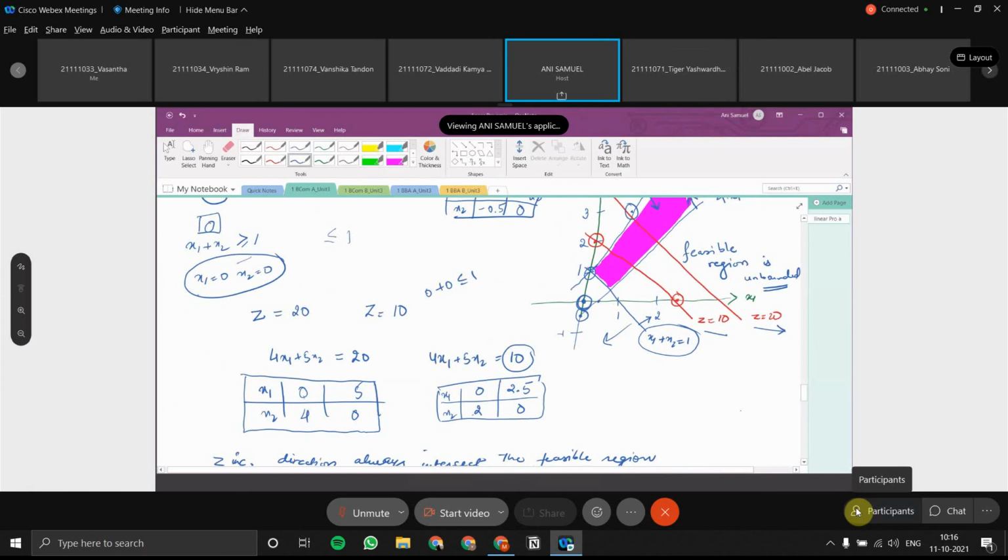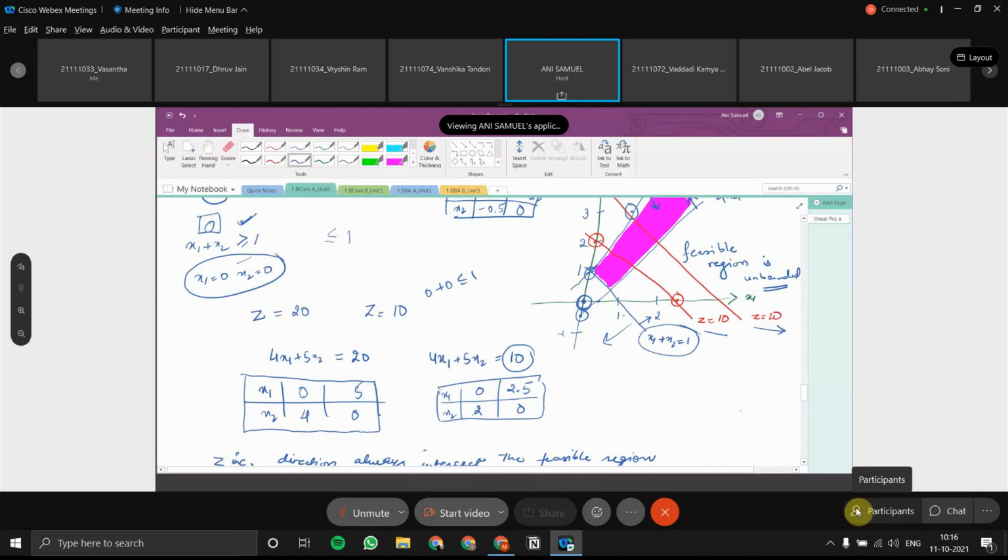Less than 1, right? So it is not satisfying this condition. So my origin is lying in a position where it is not satisfying my inequality. Therefore, it should be the other way around. Clear? Is the concept clear?